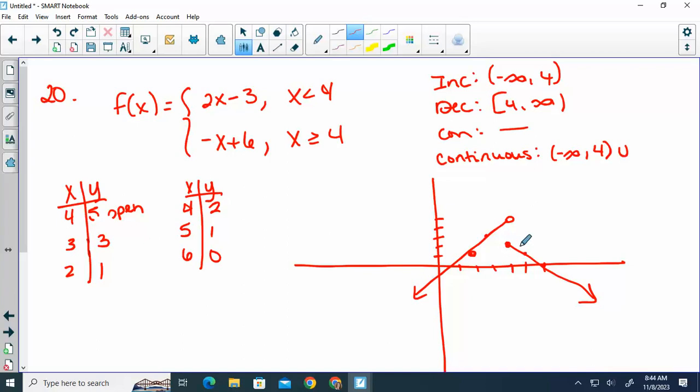Union, then the next piece starts at 4 and keeps going forever. And you can put a bracket on this one because it is closed. But this one had to have parentheses because it came to an open circle. So continuous is like saying where can you graph it without picking up your pencil.